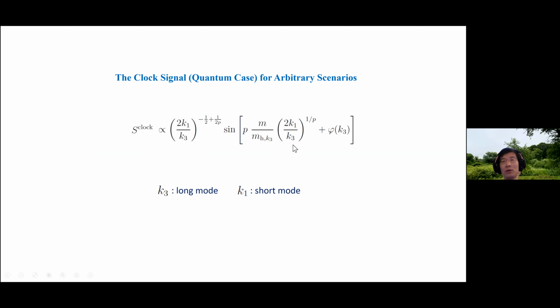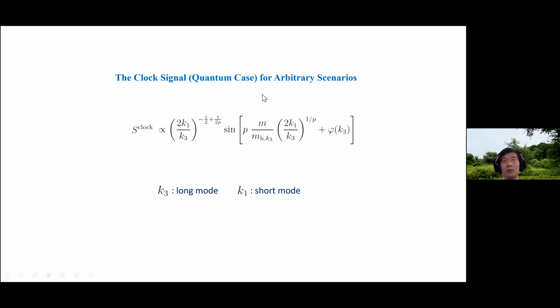So you have to go to a hierarchical limit of these two momenta. The dynamical explanations I explained earlier can easily be generalized to arbitrary scenarios, because I didn't make any use of inflation scenarios, except to argue that we first look at non-Gaussianities. But we'll come back to the power spectrum for non-inflation models quickly.